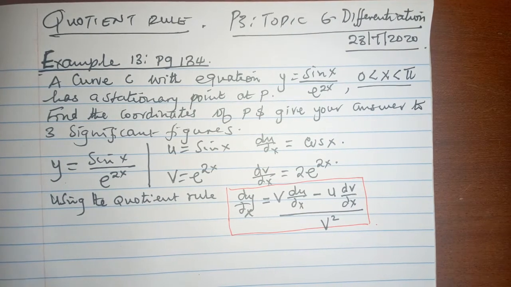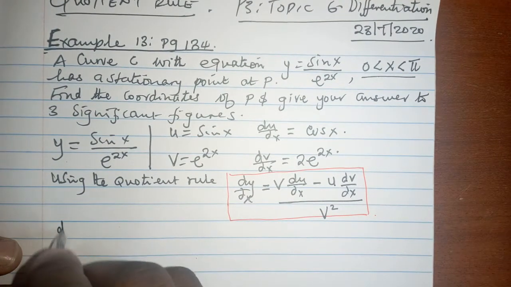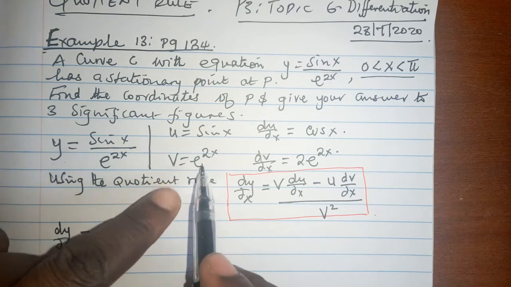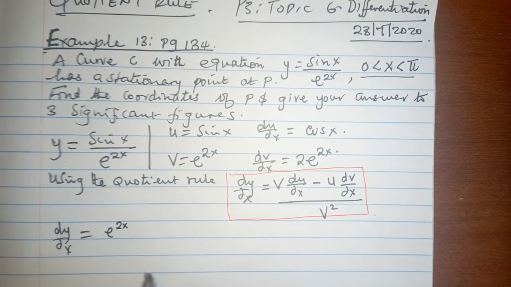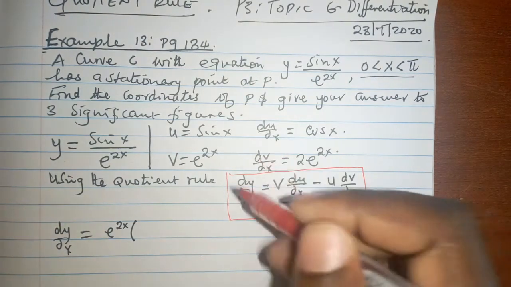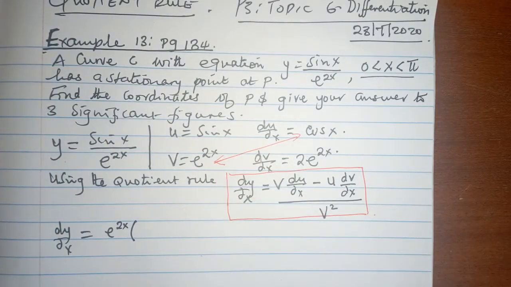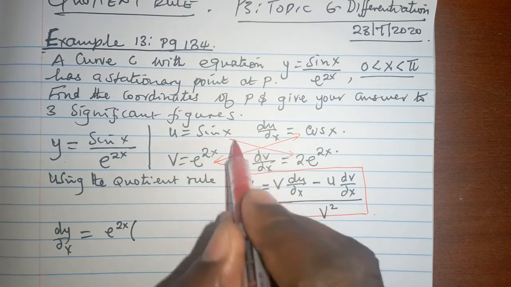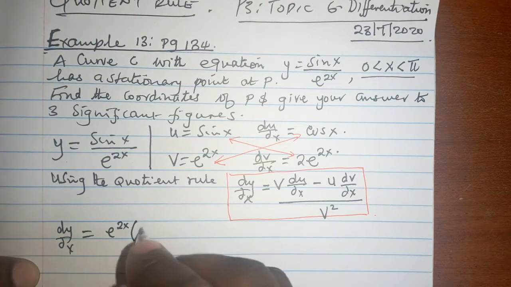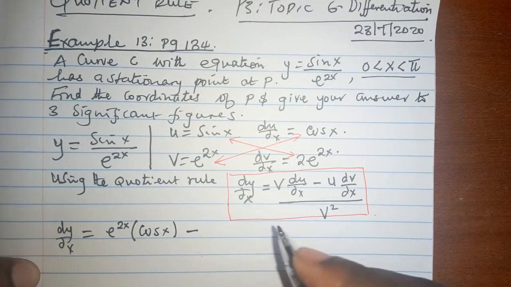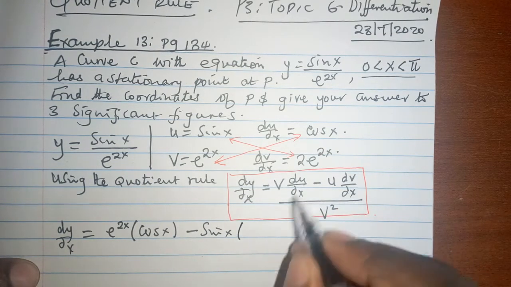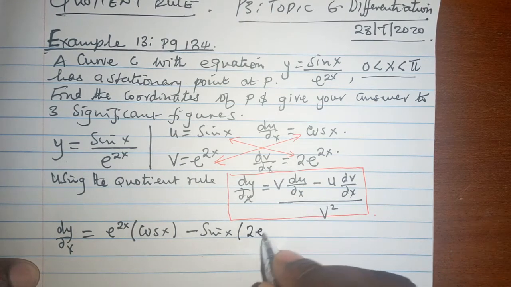Now, let us first evaluate dy dx, the gradient in general. dy dx becomes v, which is e raised to power 2x, multiplied by du dx, which is the cosine of x, minus u, which is the sine of x, multiplied by the derivative of v, which is 2e to the 2x.